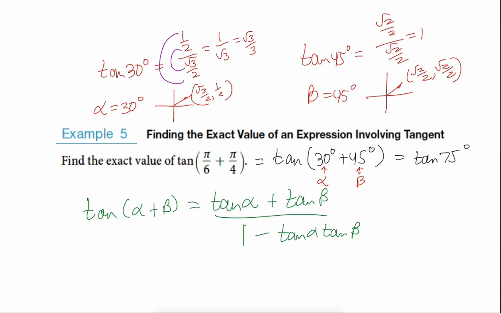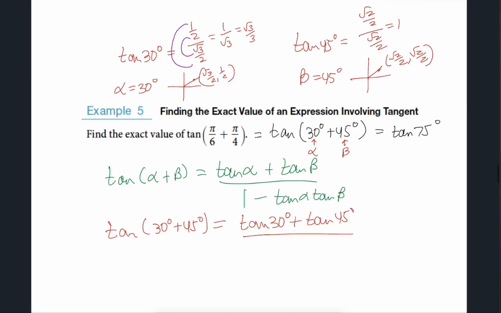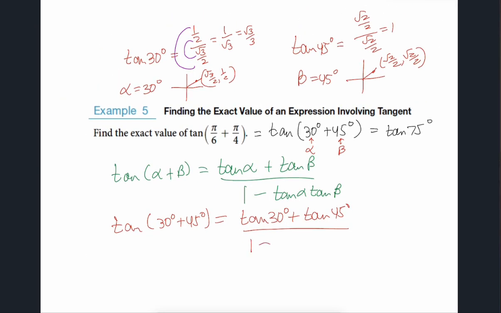Okay, so now let's plot the information that we've got. The tangent of 30 plus 45 is the tangent of 30 plus the tangent of 45 over 1 minus the tangent of 30 times the tangent of 45.